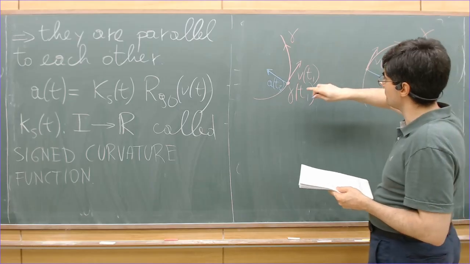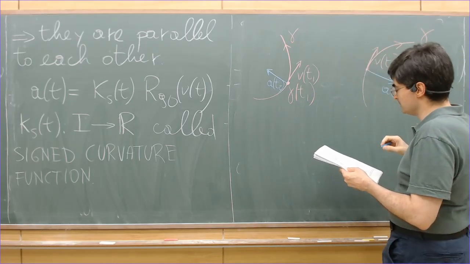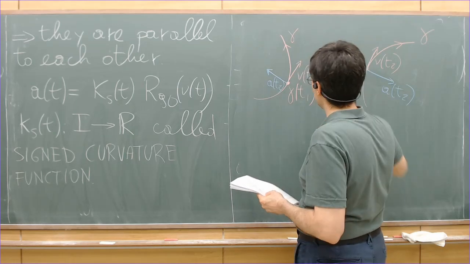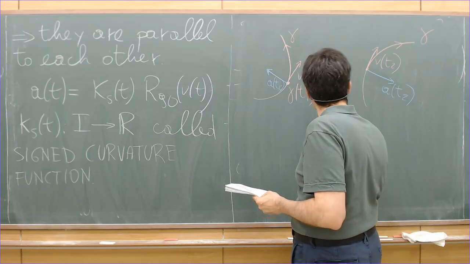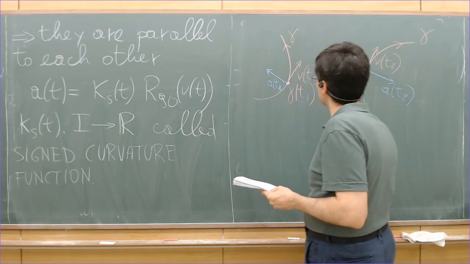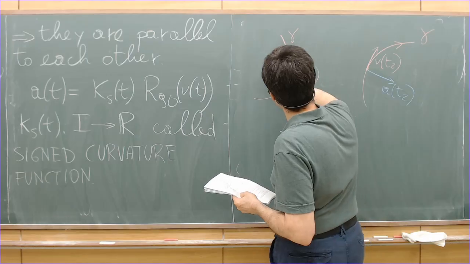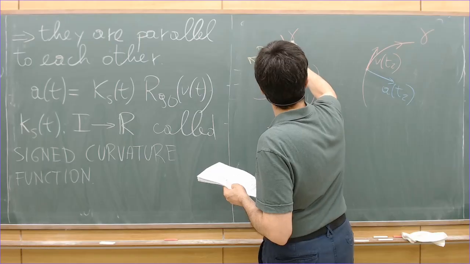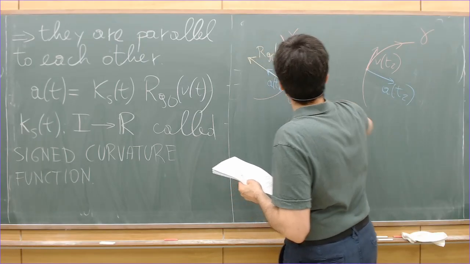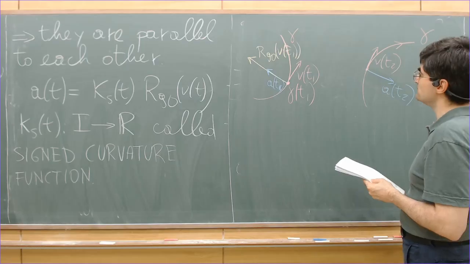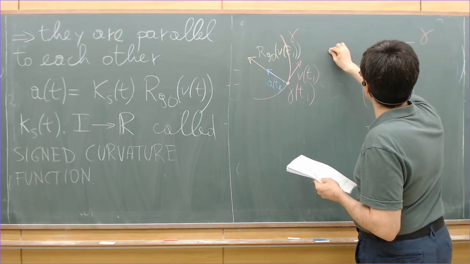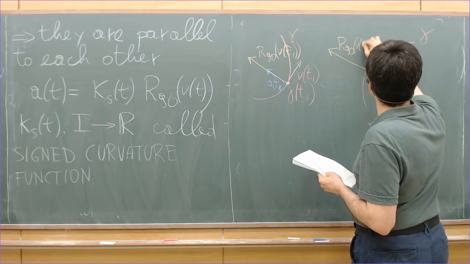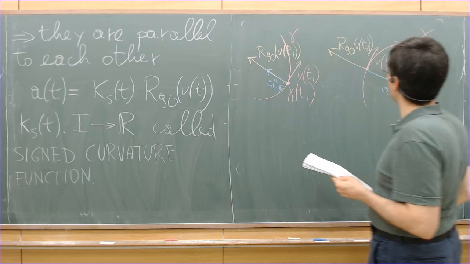In this case the vector R90 V(t1) points this way, and in this case the vector R90 V(t2) points this way.